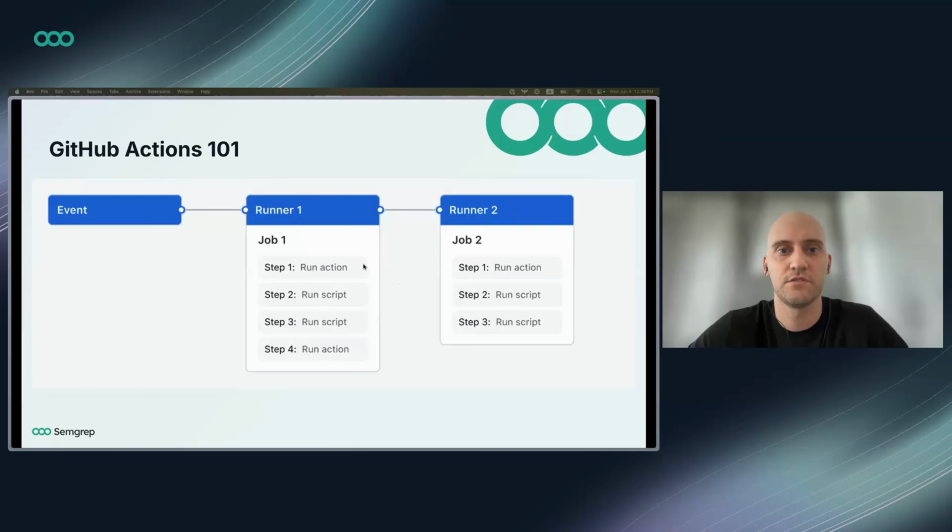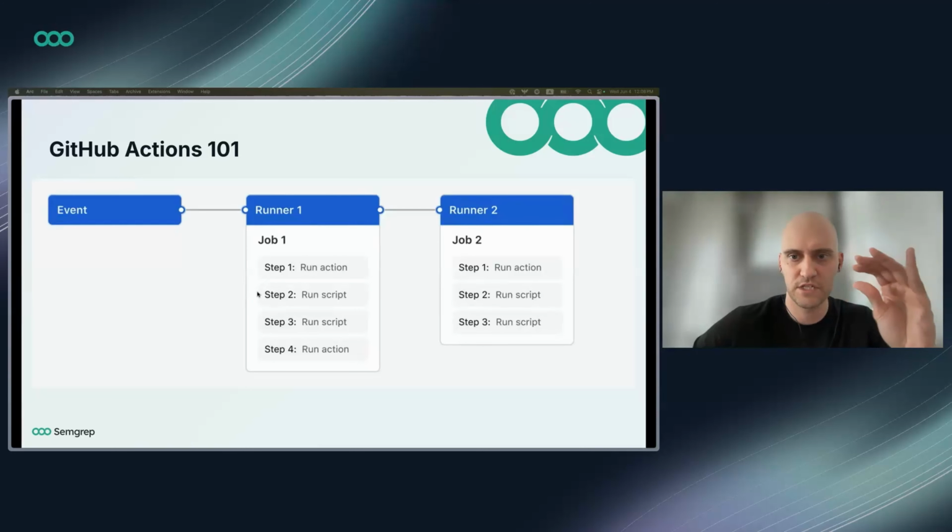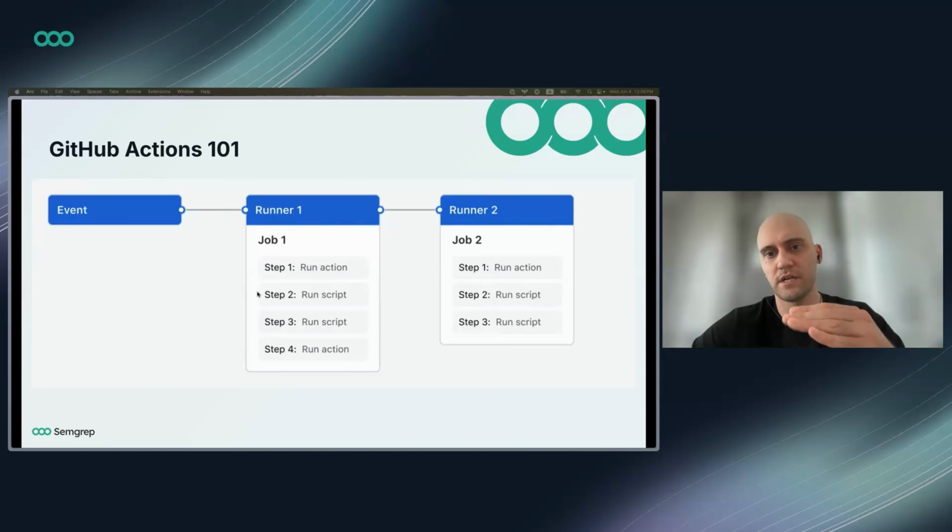Each runner consists of jobs. You can think of these jobs as separate machines, so it's a separate environment, and each job consists of steps. A single step is the main entity of this whole system. A step is where you define what exactly you want to do, like run a bash command, run another GitHub Action or a script. And jobs are the way to put these steps into a particular order.